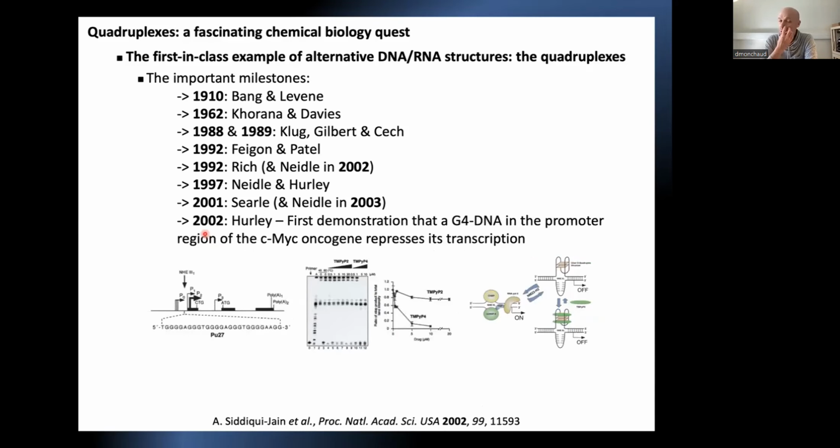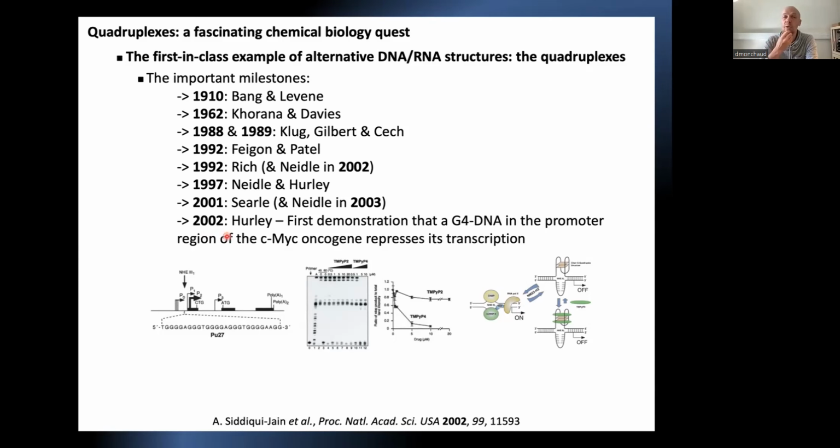In 2002, Early provided the first demonstration that a quadruplex is not necessarily located in the telomeres, but can be located also in promoter regions of several genes. And with a small molecule, if you are able to stabilize this quadruplex that is present in the promoters of several genes, in that case, the MYC gene, then you can down-regulate the expression of that gene.